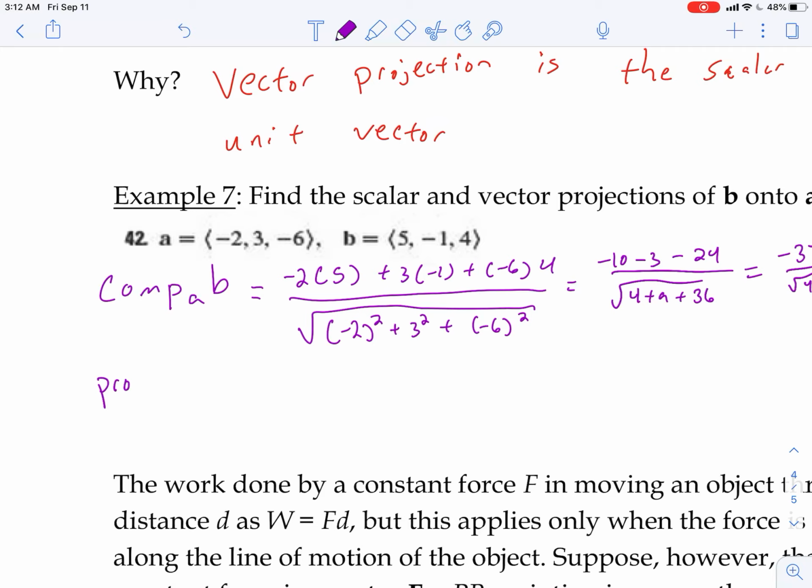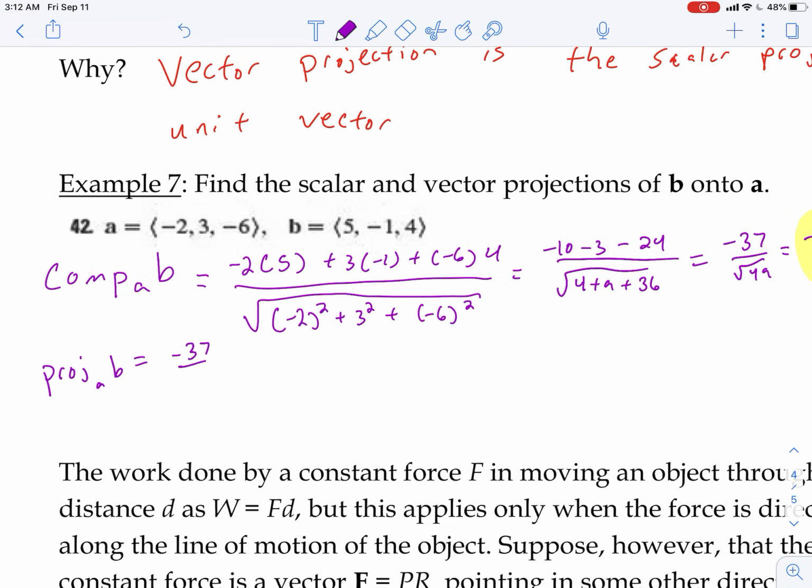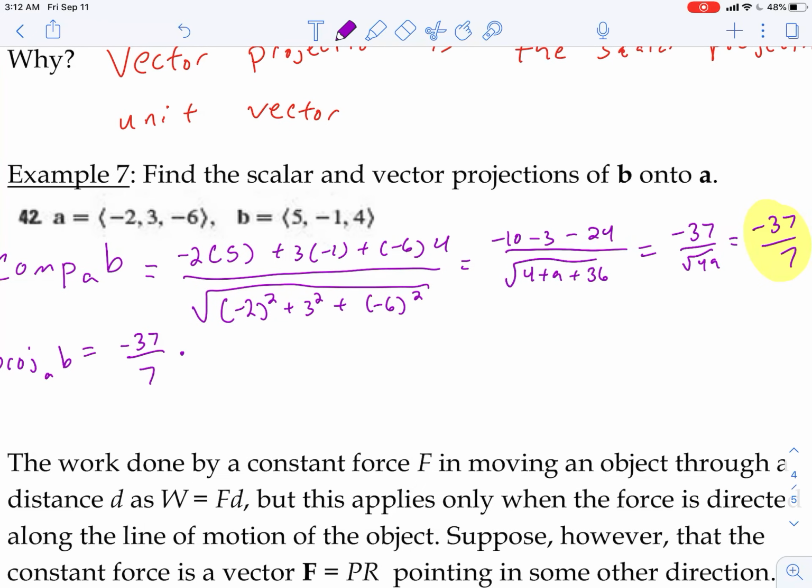So we're just going to take our scalar, which is -37 over 7, and multiply it by the unit vector of A, which is going to be -2, 3, it looks like a -3, let me change that, 3, -6 over 7. And so I'm going to go ahead and multiply.